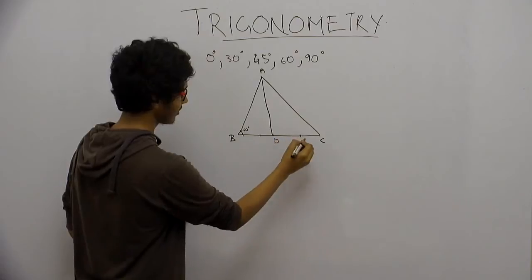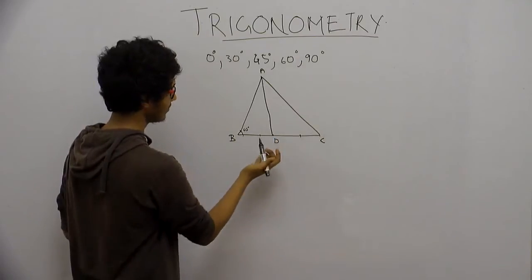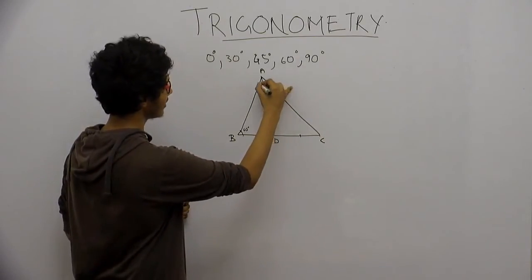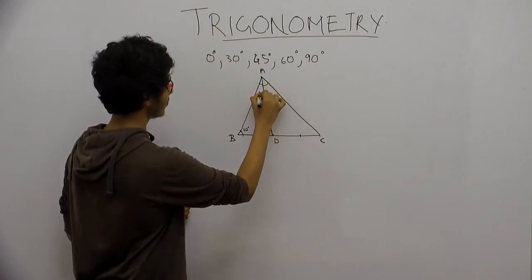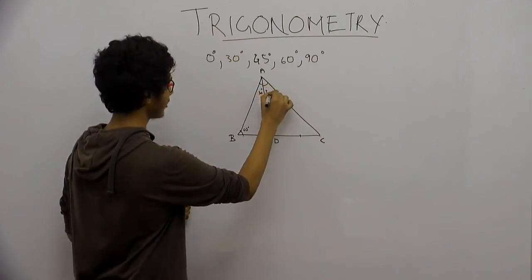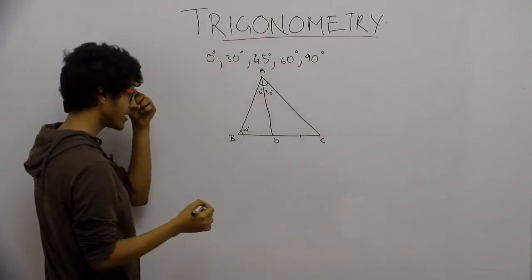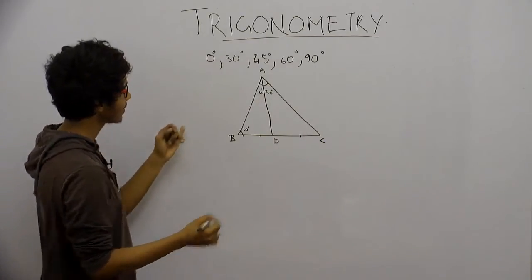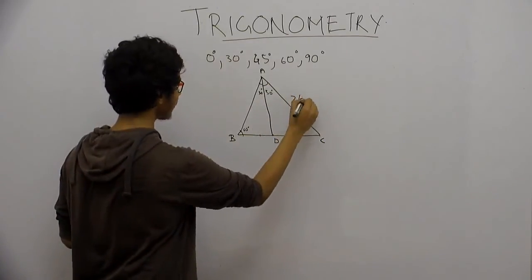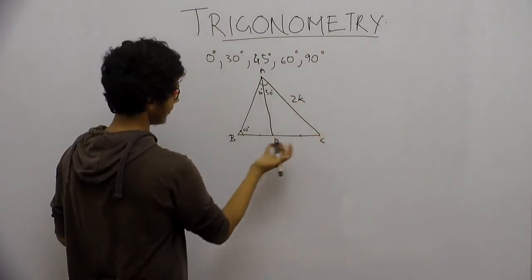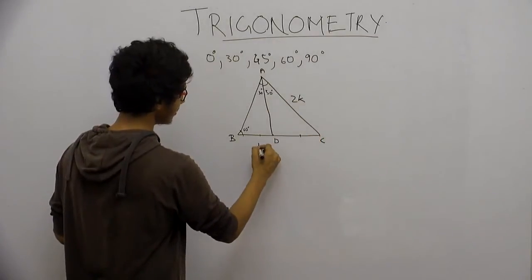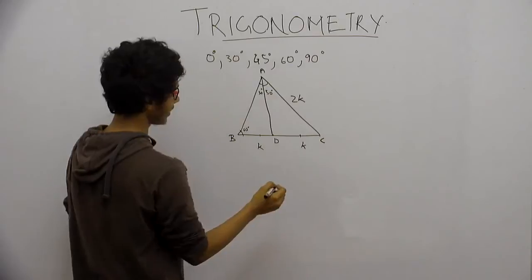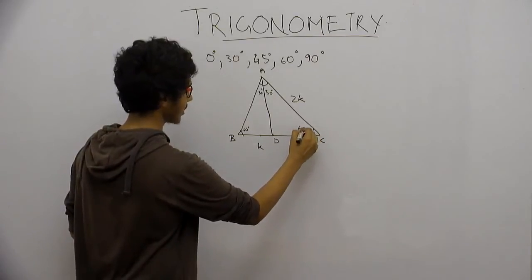So these both lengths will be equal, and the angle is also divided equally. So these both become 30 degree and 30 degree. Now assuming that the length of one side of the equilateral triangle is, suppose, 2K, since this got divided equally, both of these sides have K and K. This angle is 60 degree.